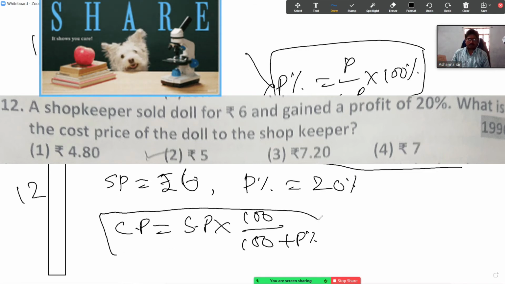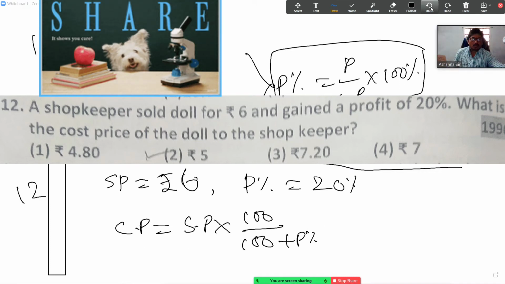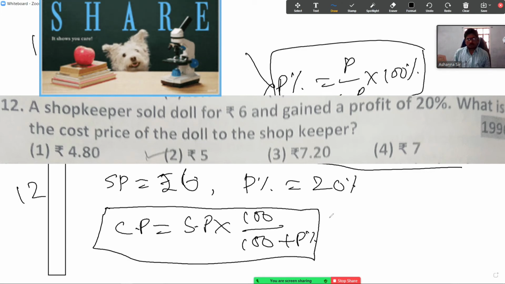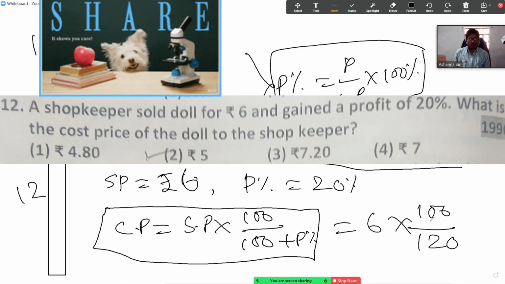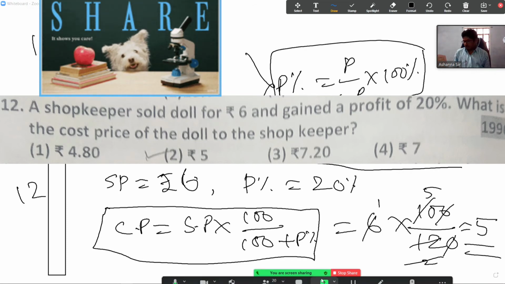This is the formula. So selling price is 6 rupees, 100 by 120. 0 0 gets cancelled. 6 1s are 6, 6 2s are 12, 5. 5 rupees is the cost price. So option 2.